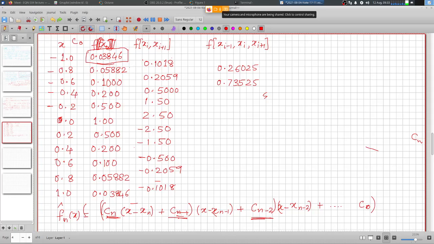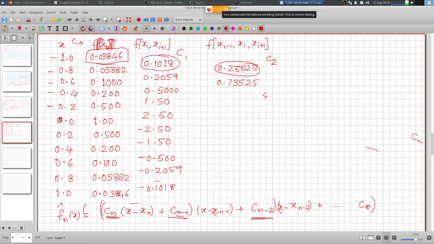So this is C1, C0, and this coefficient is going to be C2, and so on.